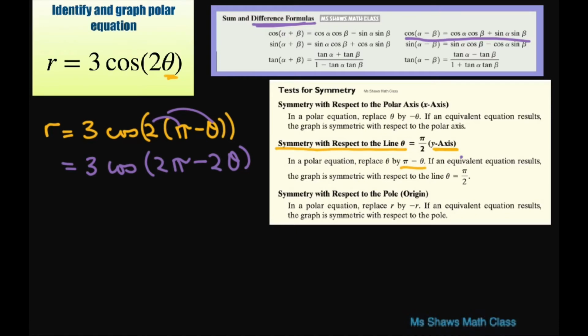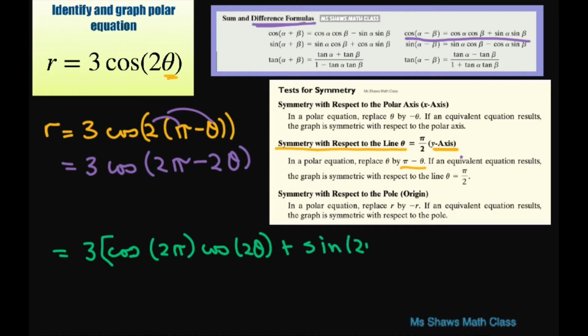So when you expand this, we're going to get 3, I'll put the bracket here, cosine of 2 pi times cosine of 2 theta plus sine of 2 pi times sine of 2 theta.